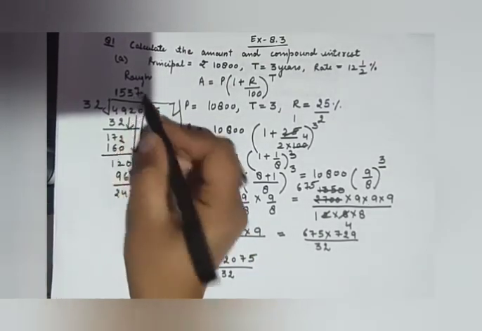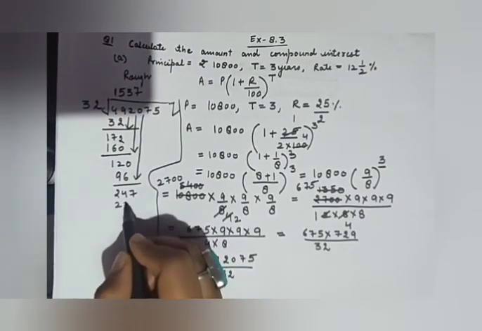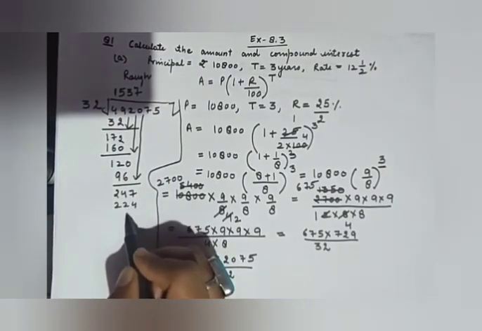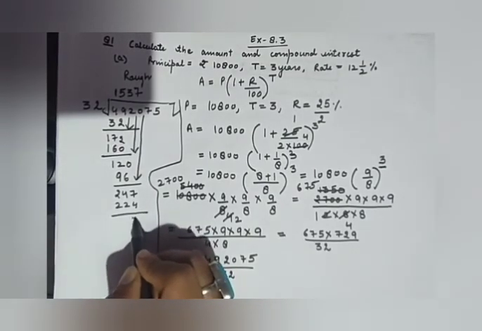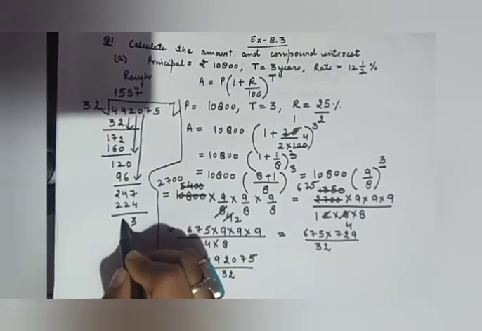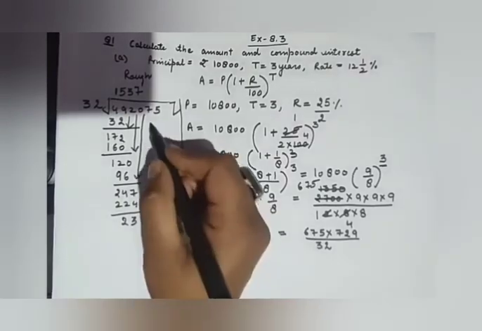Again this 7 is here, so that is 224 remainder.